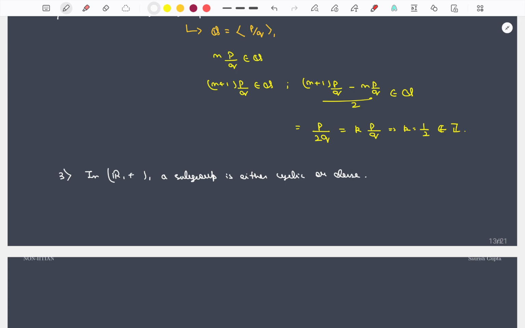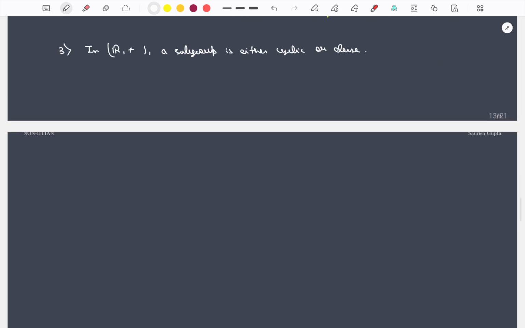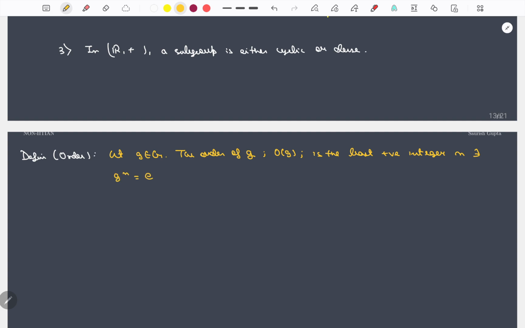Yeah, let's continue. So now I would obviously define what is the order of an element. So let me define it. Let g be in G. The order of g, which we typically denote as order of g, is the least positive integer n such that g to the power n is equal to e.